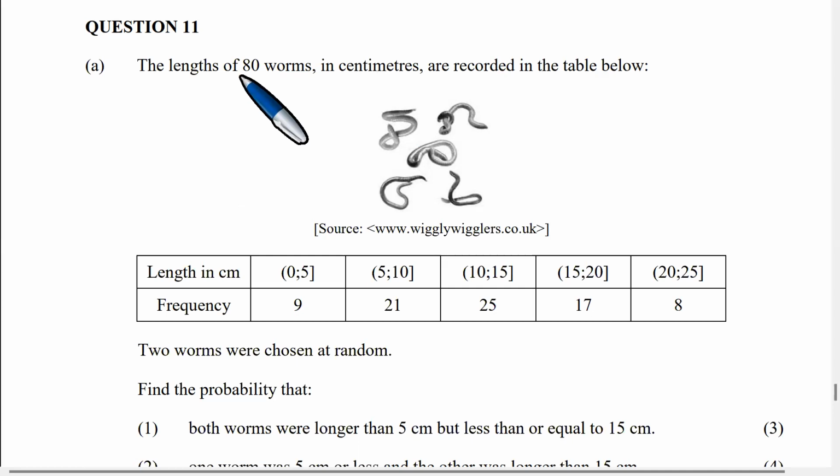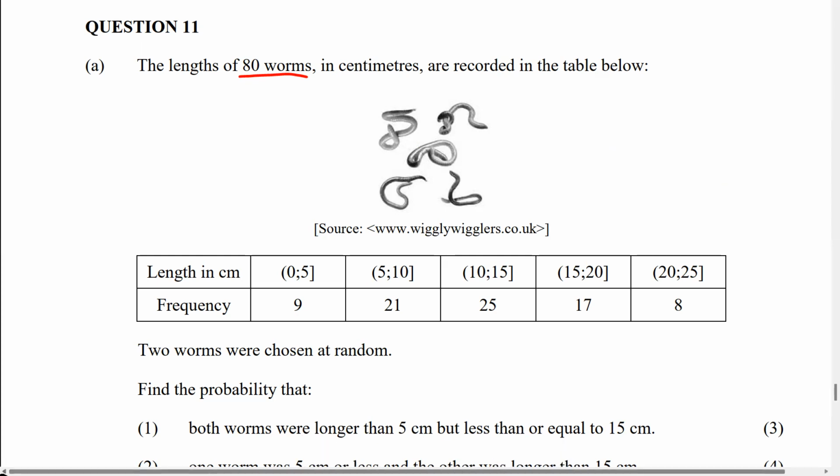There are a total of 80 worms that are being sampled. So we are sampling here. What is the next thing we need to do? The lengths in centimeters are recorded in the table below. Two worms were chosen at random. Find the probability that both worms were longer than 5 centimeters, but less than or equal to 15.